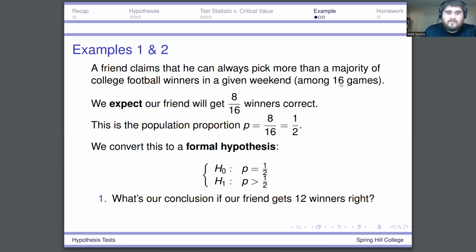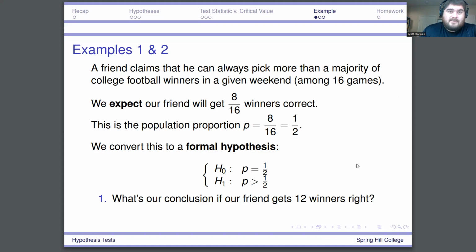So that's 3/4, 75%. So our P hat in this case would be 0.75. And our N would be 16 games. That was our sample size. We gave them 16 games. Our friend got 12 right out of the 16. So 16 games is our N, 12 over 16 or 0.75 is our P hat. We plug it into the formula, we work it all out.